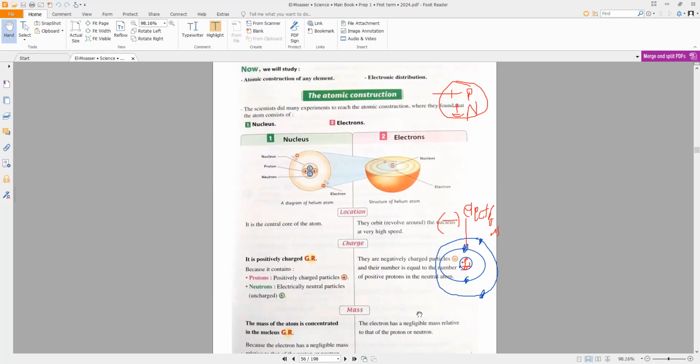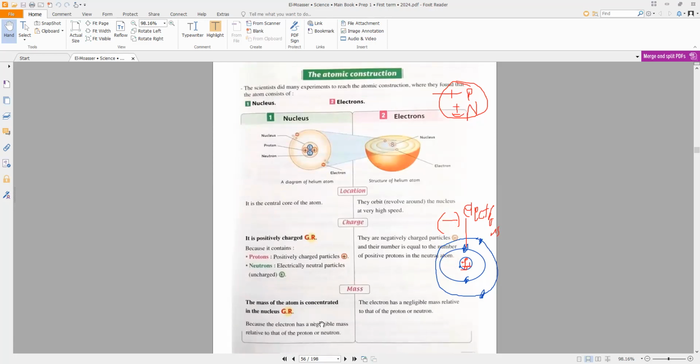The mass of the atom is concentrated in the nucleus. Why? Because the mass of an electron is very small relative to the mass of the proton and the neutrons. So we can neglect the mass of electrons. So the mass of the atom is concentrated in the nucleus.